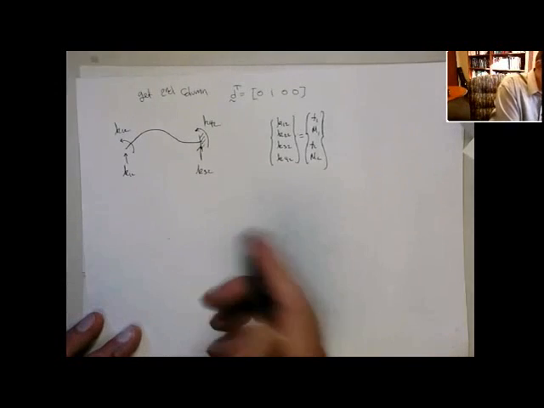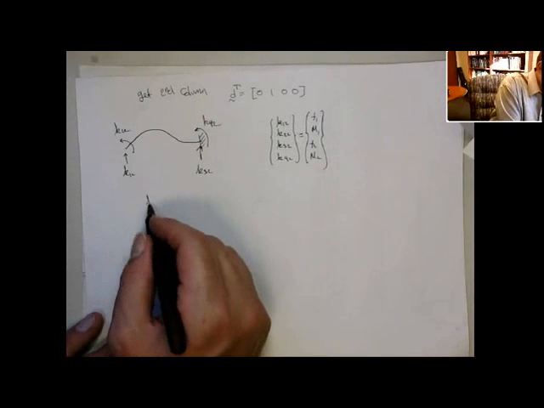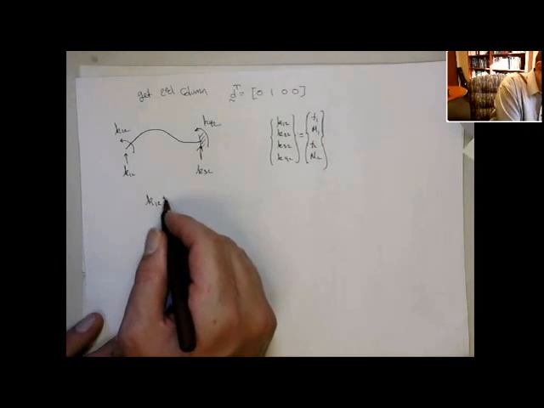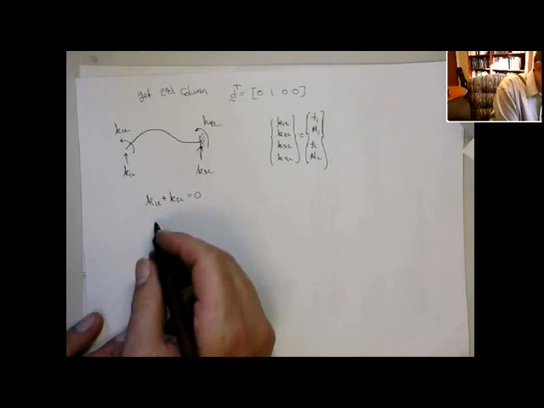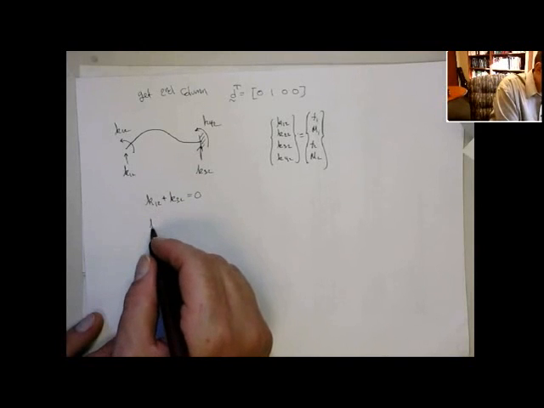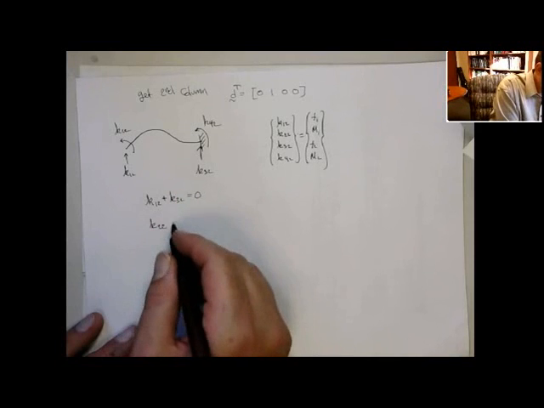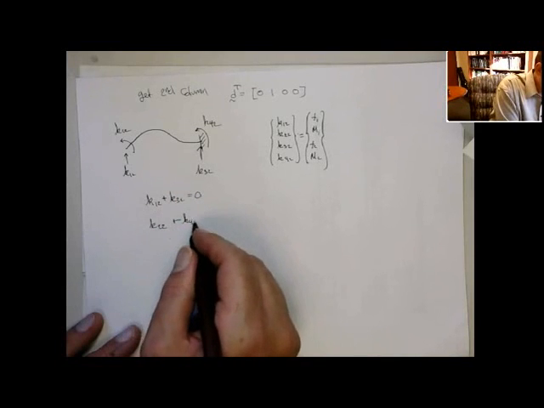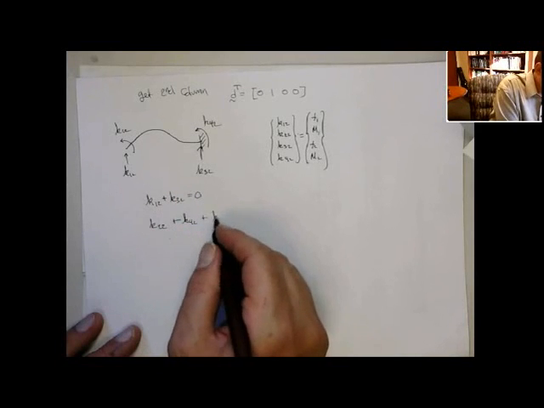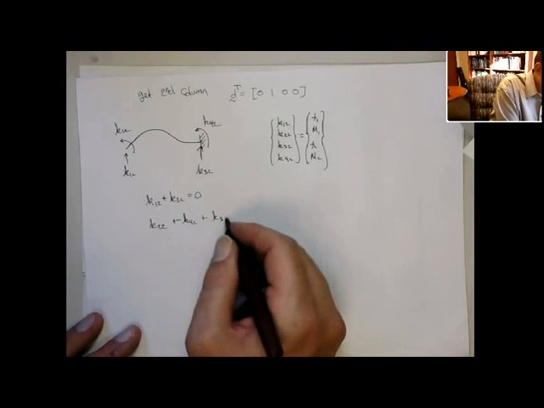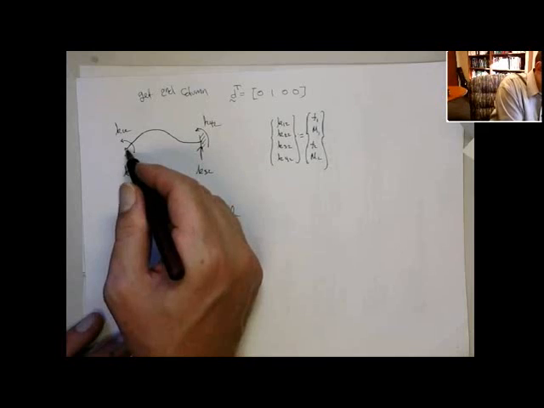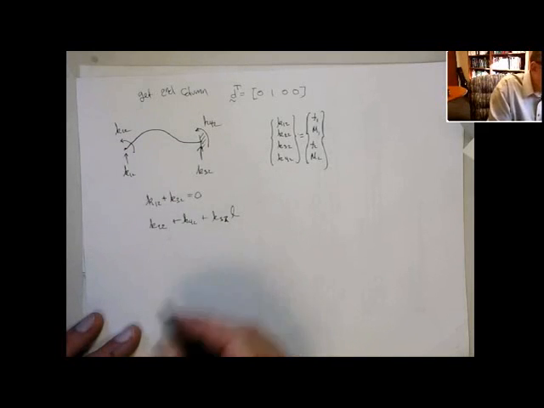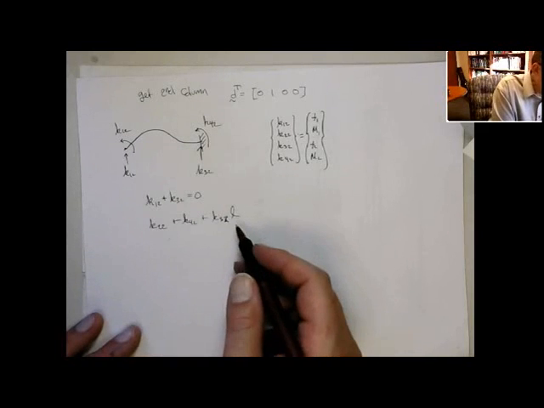All right, we can still do sum of forces, so that gives us the sum of force equation, K1,2 plus K3,2 has to equal 0. Sum of moments around A gives us K2,2 plus K4,2 plus the force K3,2 times its moment arm, which is the length L. So we're doing sum of moments around this point A. And then we also know the kinematic conditions.